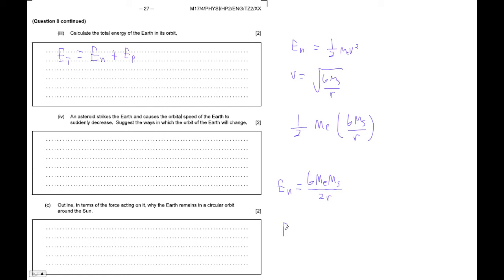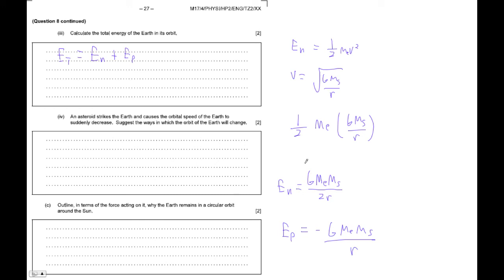If you recall, the gravitational potential energy is on page 11. Yeah, there it is. The gravitational potential energy is minus GMm over r, mass of the Earth, mass of the sun over r.